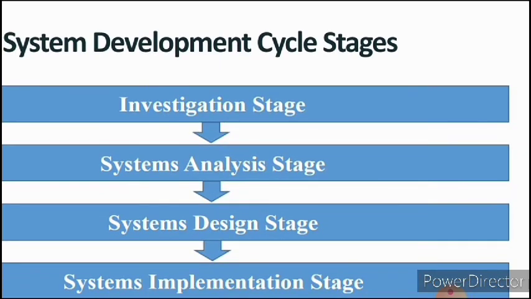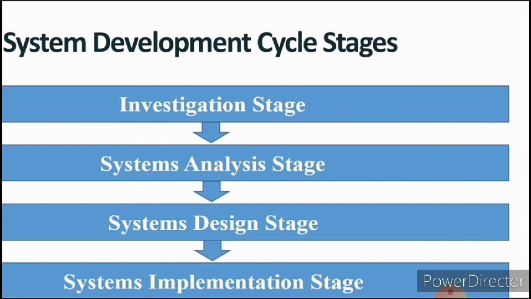It involves gathering information about the existing system that can be done by observation, questioning, and interview. The information gathered is used for feasibility study, whose outcome is the feasibility report.